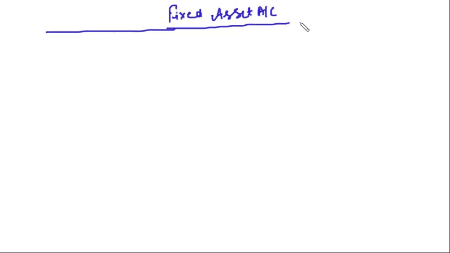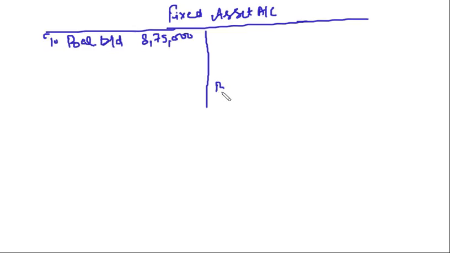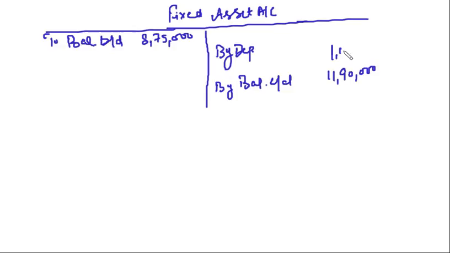To balance brought down, it is 8,75,000, and by balance carried down it is 11,90,000. By depreciation we are given as 1 lakh.